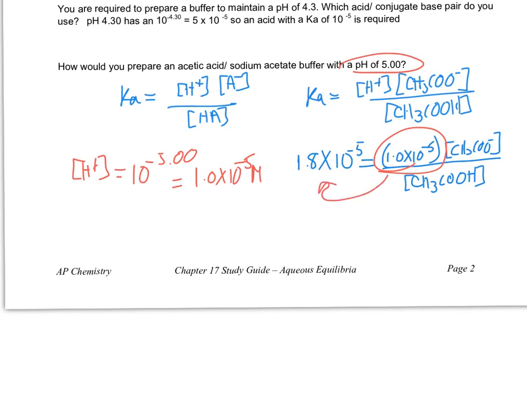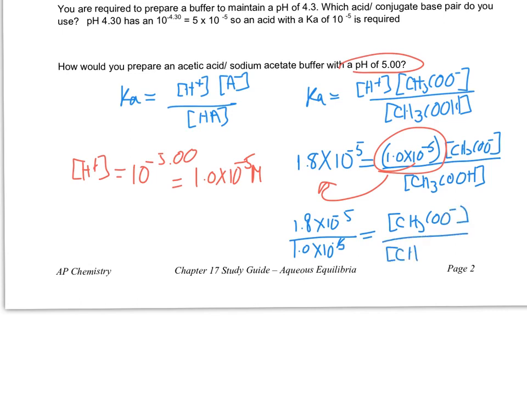So let's rewrite that. That would be 1.8 times 10 to the negative fifth over 1.0 times 10 to the negative fifth, which is equal to the concentration of the acetate over the concentration of the acetic acid.